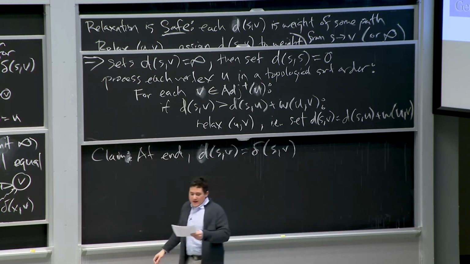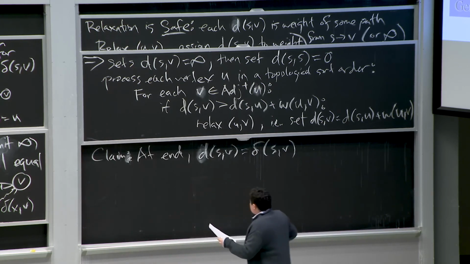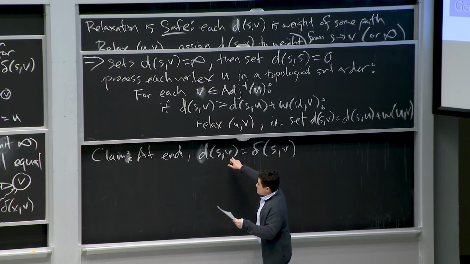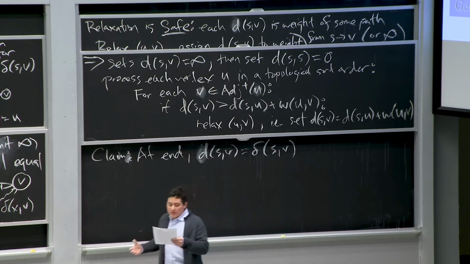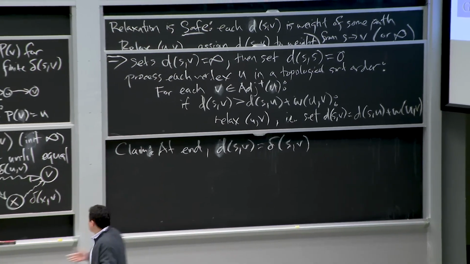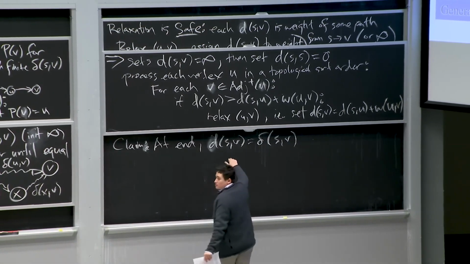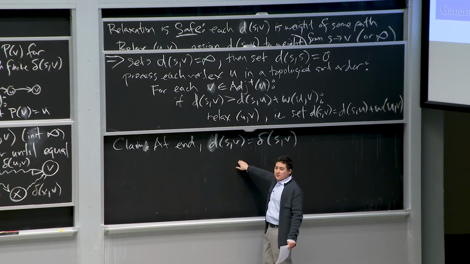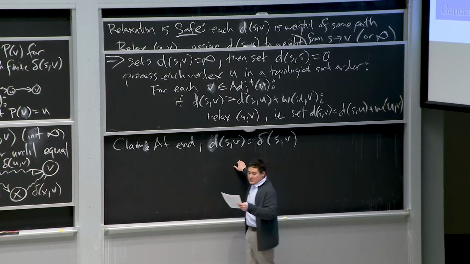The basic idea here is that if I take the kth vertex in the topological order, assuming that these distances are all correct for the ones before me in the topological order, I can prove by induction, right?